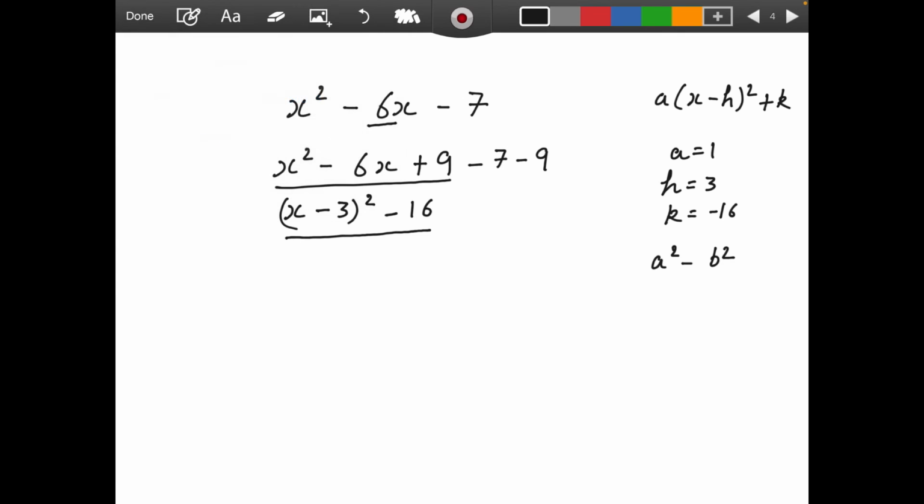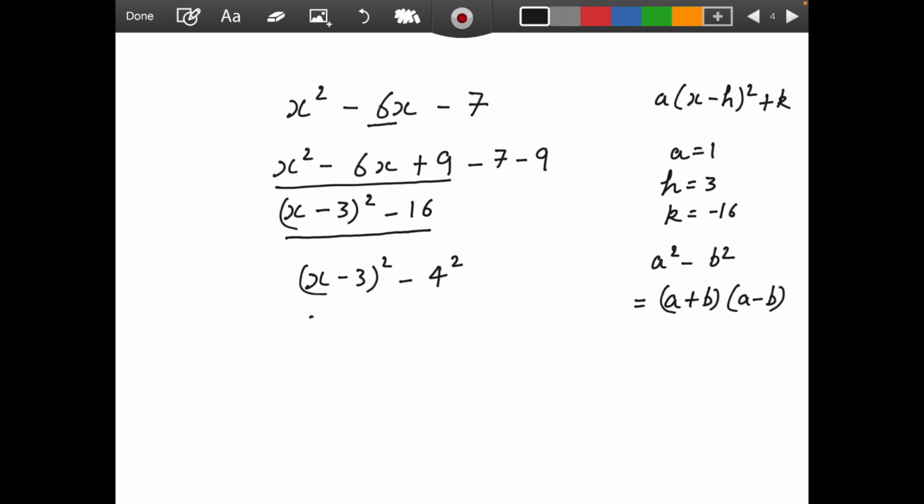So it would look like x minus 3 square, and we know that 16 can be written as 4 square, so we can write it as x minus 3 square minus 4 square. And we know that a square minus b square is equal to a plus b into a minus b.